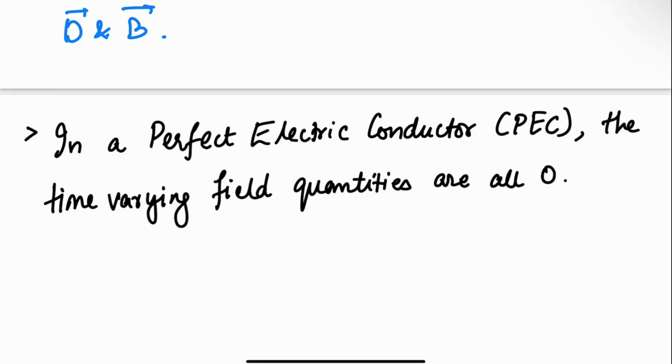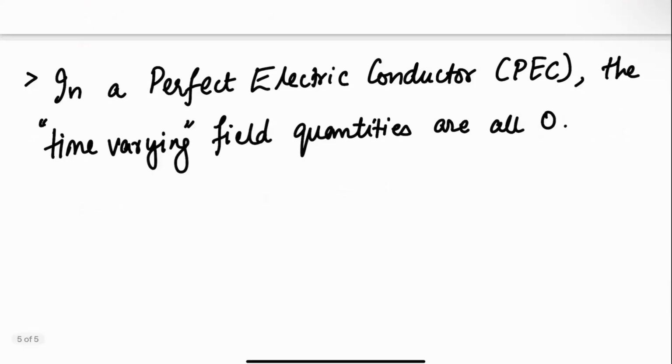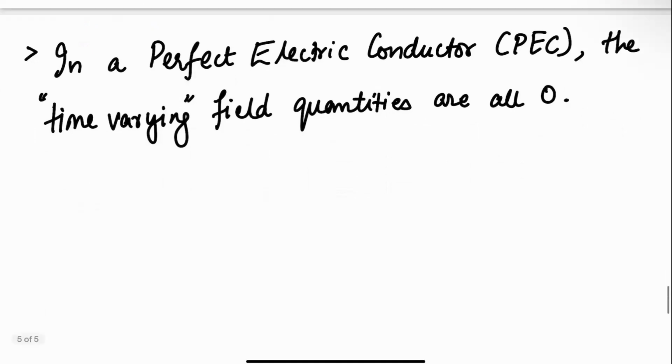So the E, H, D, and B fields all go to 0. In fact, even in the static case, the electric field goes to 0. Only static magnetic fields can be inside a metal, right? And a perfect electric conductor is nothing but a perfect metal. So why do the field quantities go to 0? Hopefully you've seen that if you've taken electromagnetics before, but in intuitive reasoning, we'll make the reasoning more rigorous in the next lecture when we discuss materials.